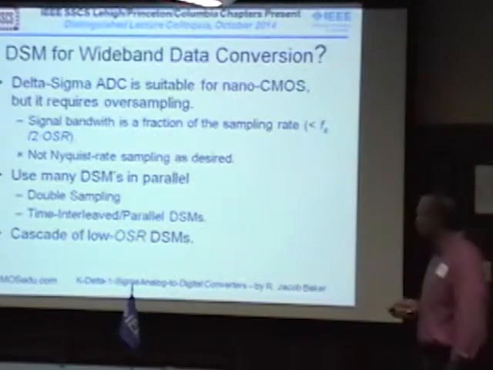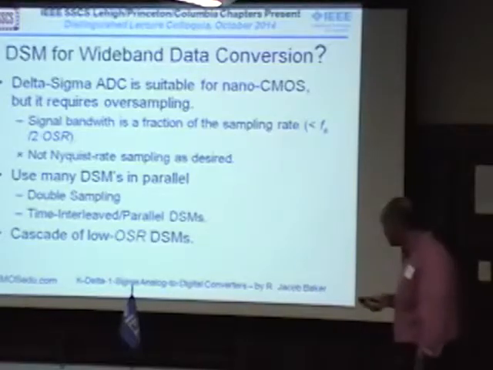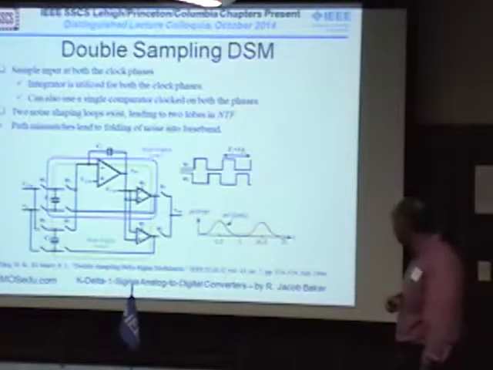All right. So, well, why not put multiple Deltasigmas in parallel? I'm going to go through each one of these points. Well, how come we can't use time interleaved sampling and increase the bandwidth and all these things you might think right offhand?